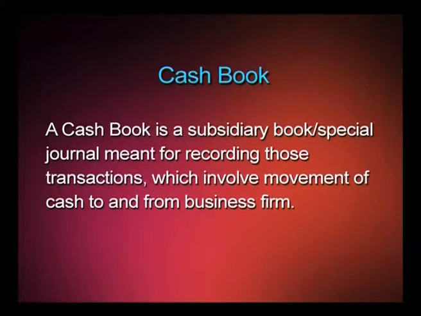A cash book is a specific subsidiary book meant for recording those transactions which involve movement of cash to and from a business firm. We all know that movement of cash in business transactions is quite frequent, as many of the daily transactions of business involve cash.